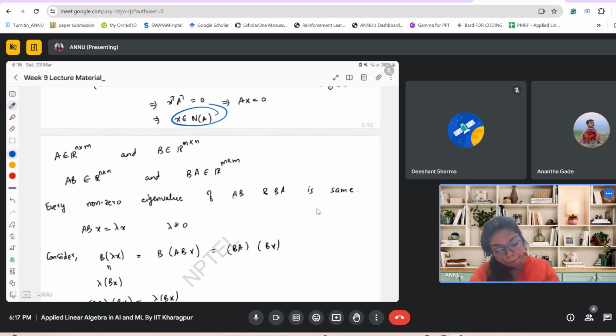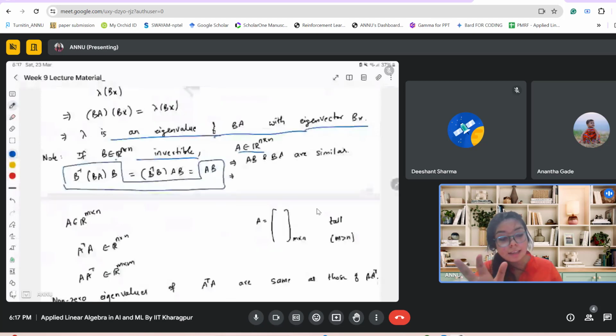So note, if B belongs to R^(n×n) and is invertible, and A also belongs to R^(n×n), square matrices, then there exists B inverse (AB) B equals BA, so AB and BA are similar.